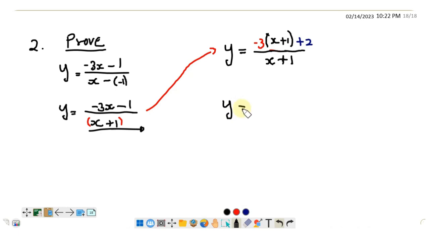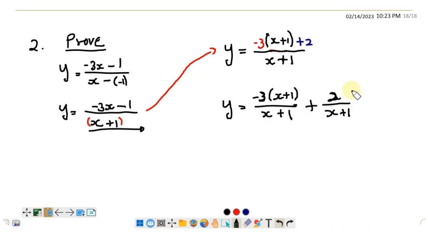So y equals -3 into x plus 1 over x plus 1, and there's a positive there, then plus the second term, 2 over x plus 1.